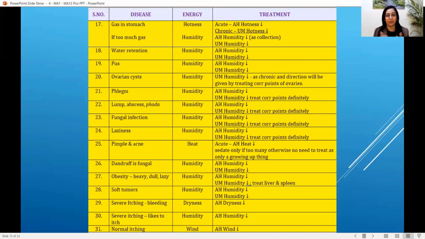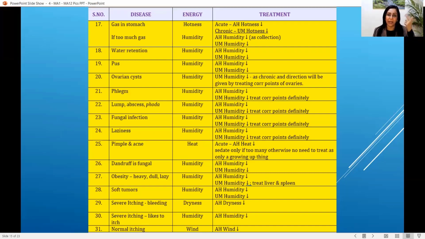That also can be treated by sedating the humidity. If a person suddenly one day feels extremely lethargic and doesn't feel like getting up, but usually is energetic, just sedate the stomach meridian and you will see a change. Sometimes you will definitely see a miracle happening and the person will feel better.